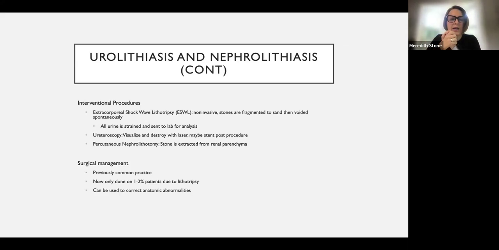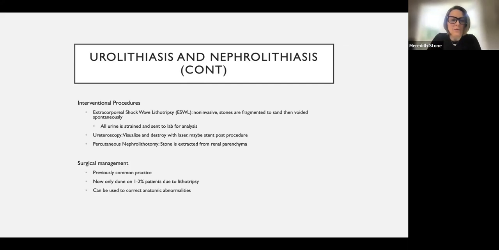Okay, ureteroscopy, again, we'll go in using a scope and a laser to try to break up the stone. And sometimes if there's an issue with the ureters, especially with obstruction, or they think there might be, they might put a stent in place that will typically be a temporary stent placement that helps the stone to pass, and then the stents will be removed later.